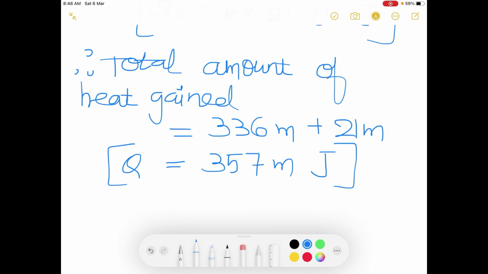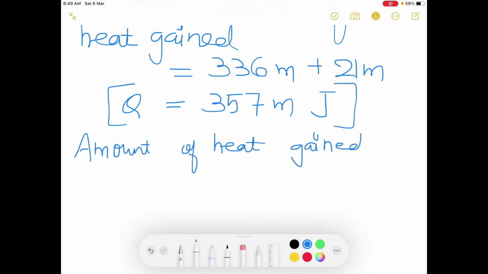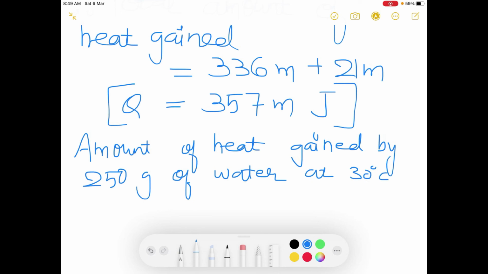Now let us talk about water. Water નું initial temperature 30 degree Celsius છે, ત્યાંથી એને 5 degree Celsius ઉપર લાવવાનું છે. Okay, so amount of heat gained by water કેટલું છે, by 250 gram of water at 30 degree Celsius to 5 degree Celsius, and it is not gaining, actually temperature lower થાય છે, so it is losing.